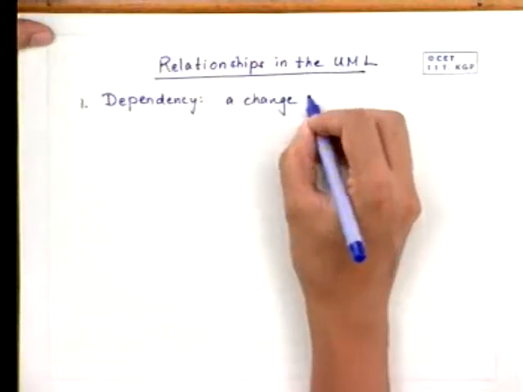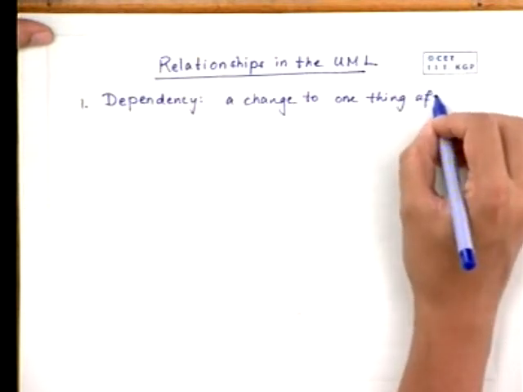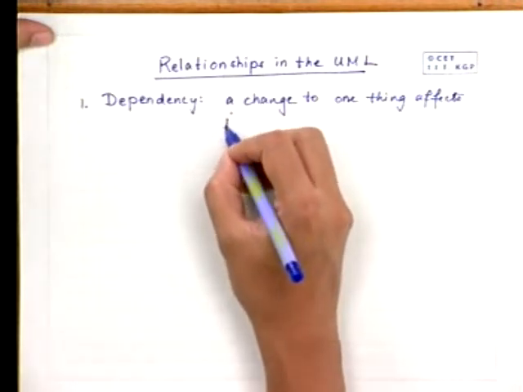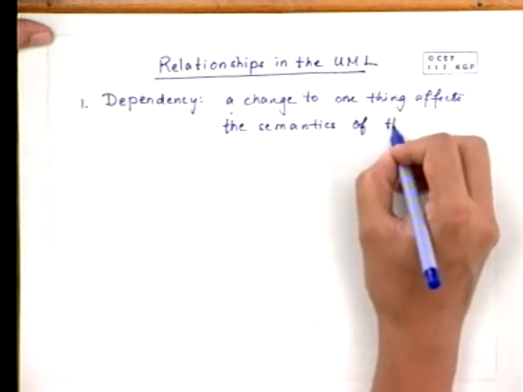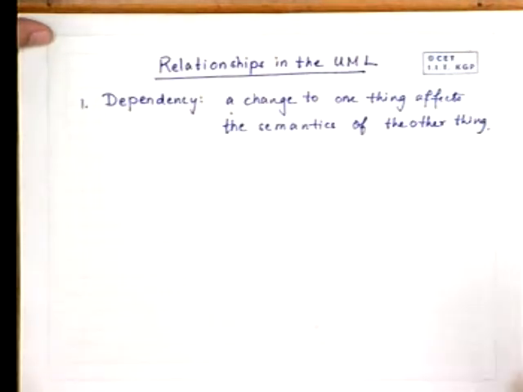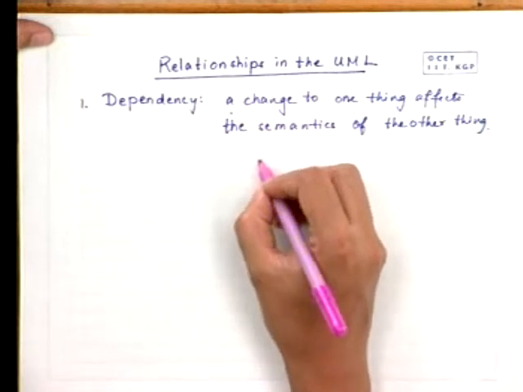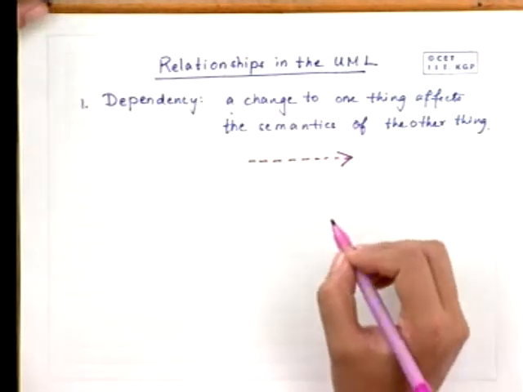It is a relationship between 2 things when a change to one thing affects the semantics of the other thing. And dependency is denoted in UML by a dotted arrow from the independent thing to the dependent thing.